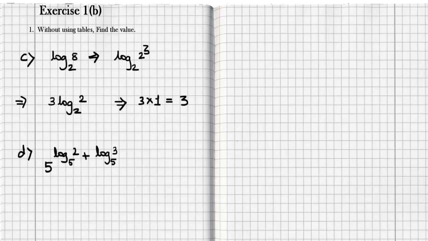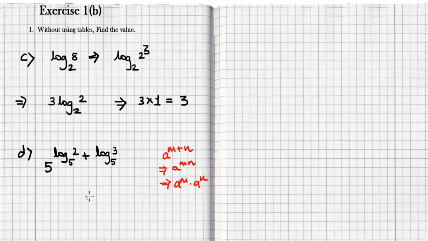Now in this question we are going to use a simple exponent property, that is a to the power m plus n can be written as a to the power m into a to the power n, and this is the thing we are going to use in this question.